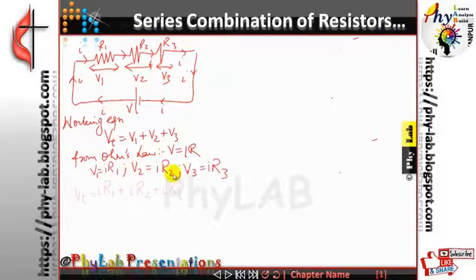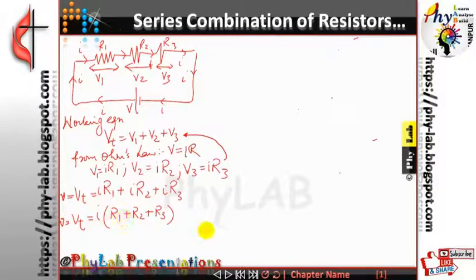Substituting it in the first equation, Vt is equal to IR1 plus IR2 plus IR3. But what is Vt? Vt is the total voltage that you are applying, that is V. So V is equal to IR1 plus IR2 plus IR3.